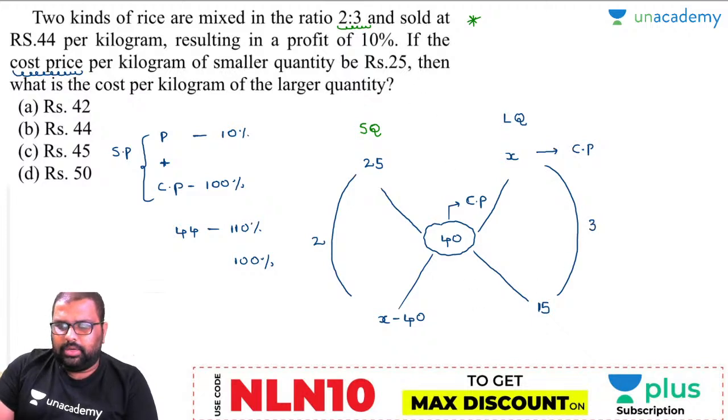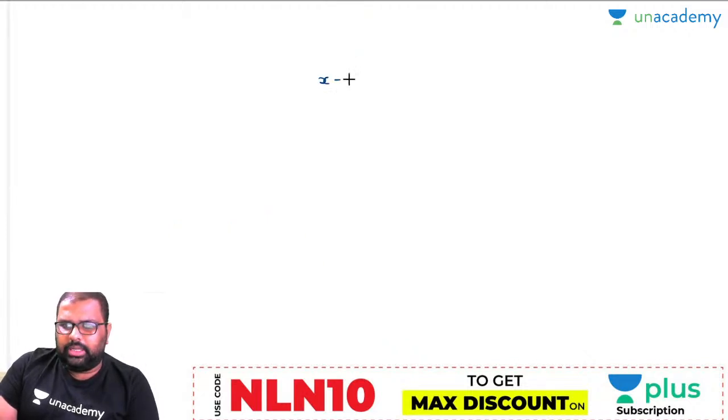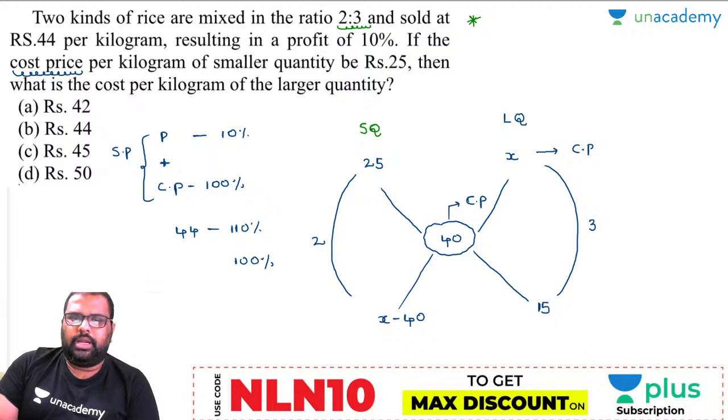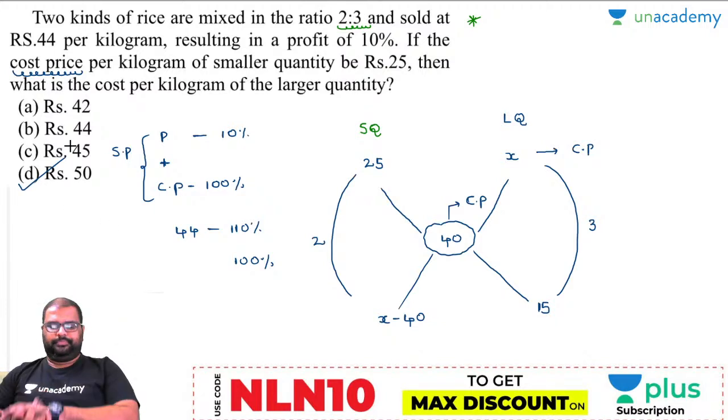So x minus 40 is to 2 and 15 is to 3. Satvik has given me the answer. Cross-multiplying, 3 times (x minus 40) equals 5 times... 5 twos are 10, minus 40 becomes plus 40 on the right-hand side. So your x is equal to 50, and option D is your answer.